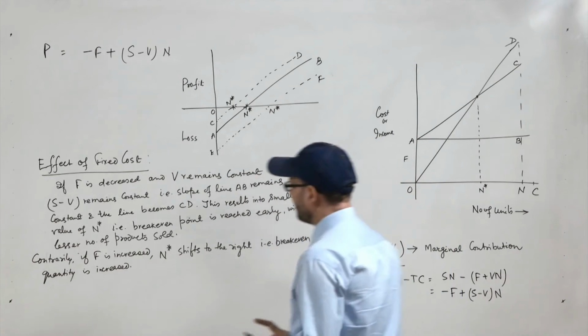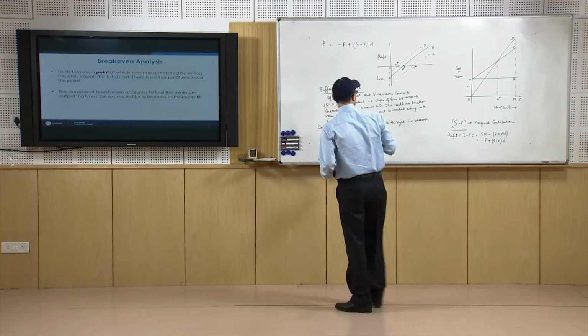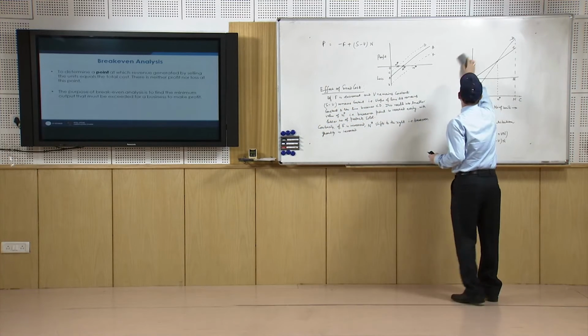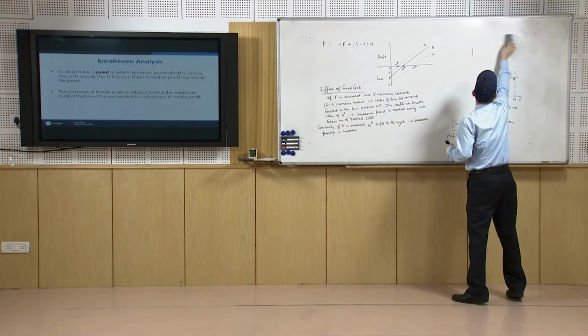Now, let us see how it will affect the break even point if the variable cost is changed.